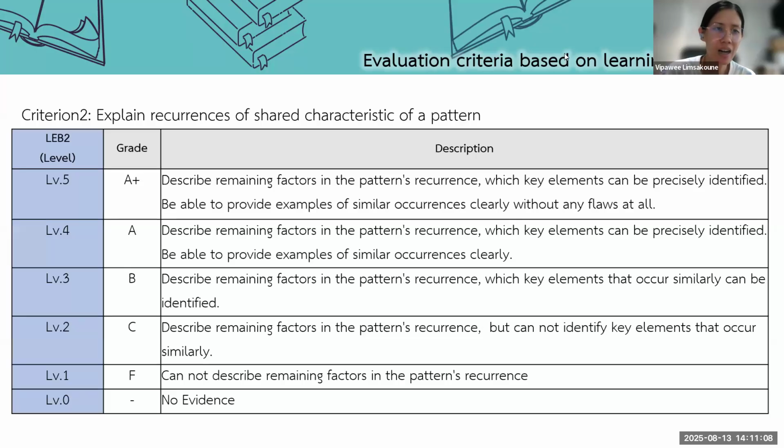Second criterion, whether you explain recurrence of shared characteristic of pattern, like the common thing within the same pattern. If you describe the remaining factor that occurs similarly, it can be identified. Level 4 is that you are able to provide an example of the common thing within the same pattern. Level 5 is that you provide an example without any flaw at all.